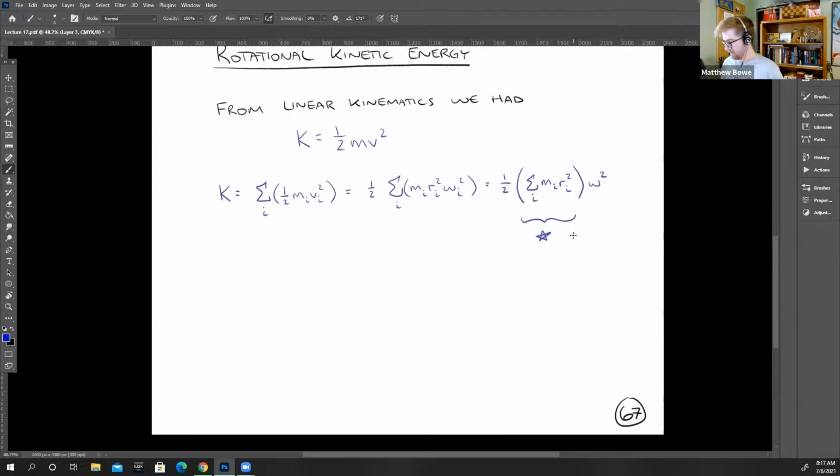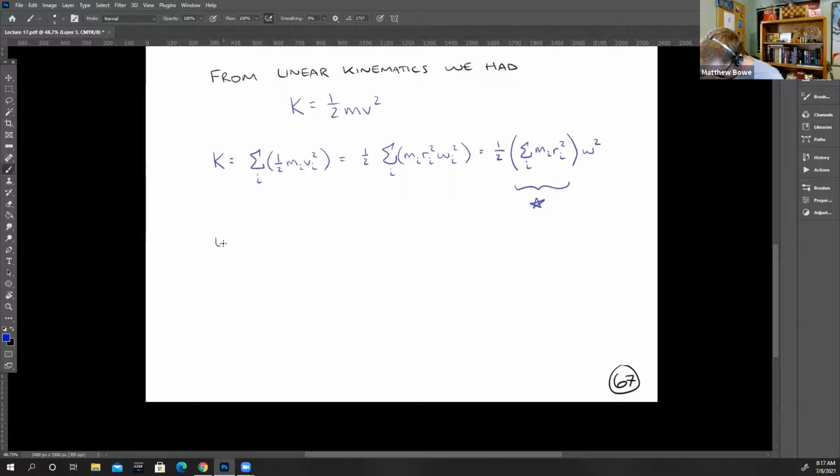Let's call this thing I've put in the parentheses something new. Let's call that equation that I've blocked out the moment of inertia.